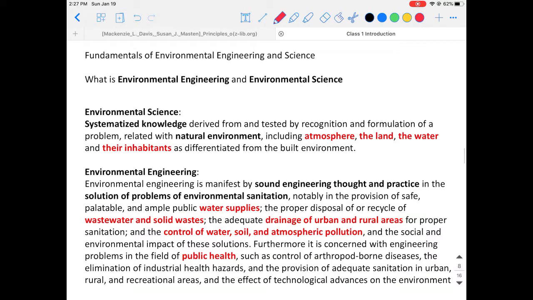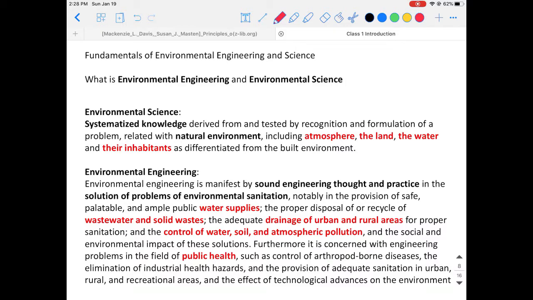As you have noticed, the name of our class is Fundamentals of Environmental Engineering and Science. So what is environmental engineering and science? More specifically, what is environmental science? Whenever we talk about science, it's some knowledge, some theories.